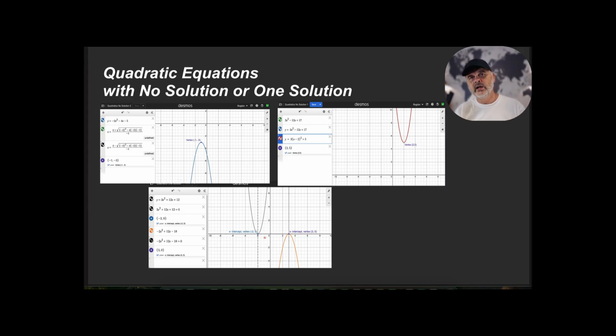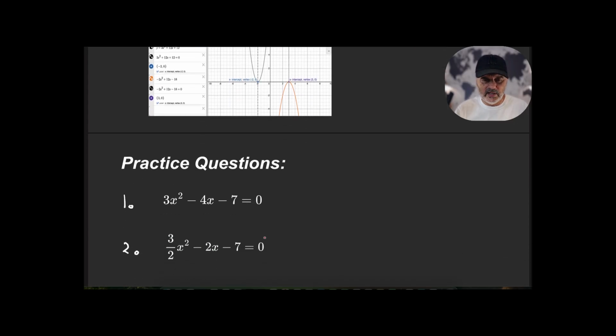Therefore, you can have 1 because 1 is less than 2, or you can have none, because sometimes the parabola is positioned on the graph with the vertex and opening so that there's no way you can get an x-intercept. So hopefully that video serves you and you like the methods that we discussed here, and that it furthers your understanding of quadratics.